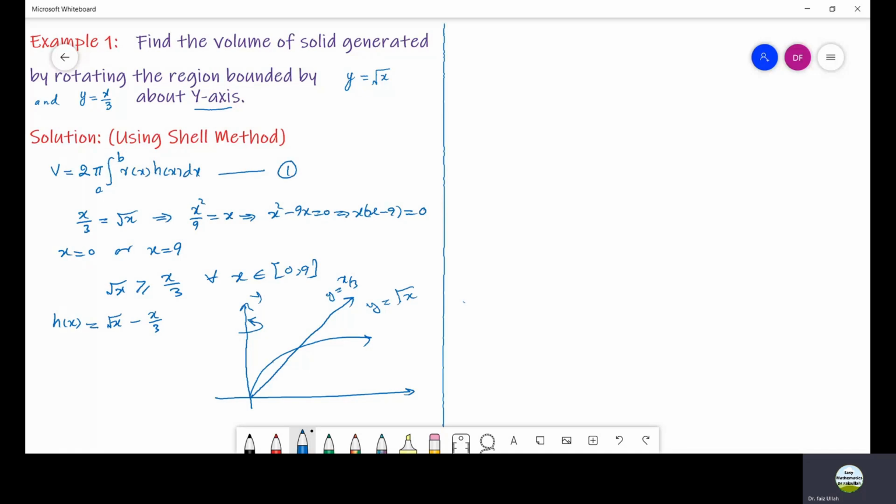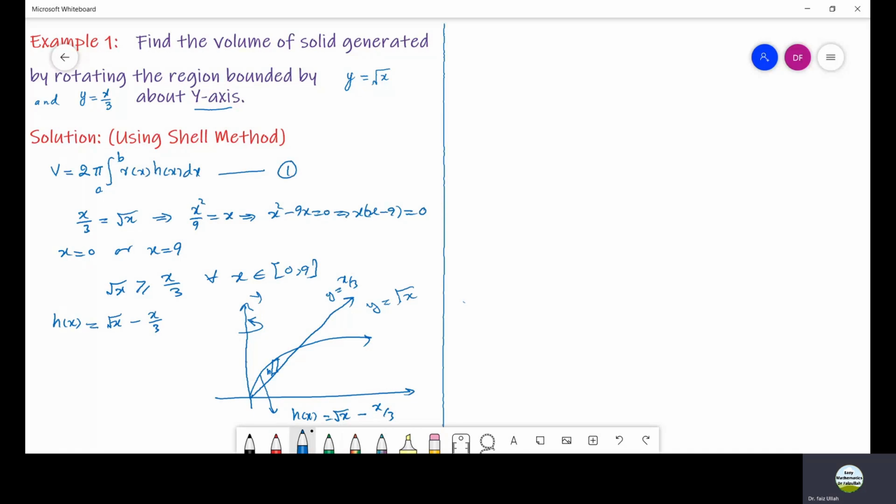So parallel to the axis of rotation, we make a cylinder, and now we need the height of this cylinder. So the height of this cylinder is the greater curve, which is under root x, minus the smaller curve, which is x by 3.